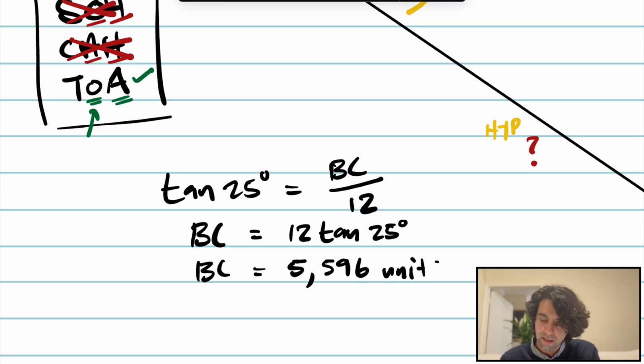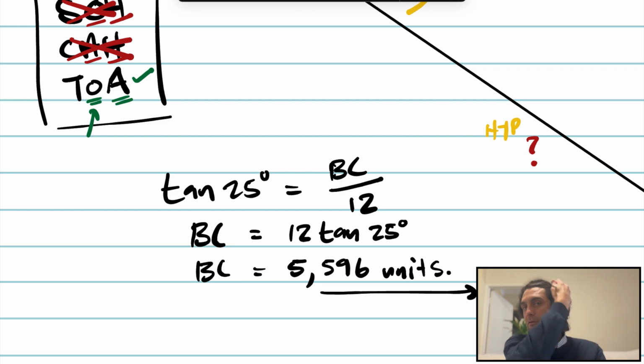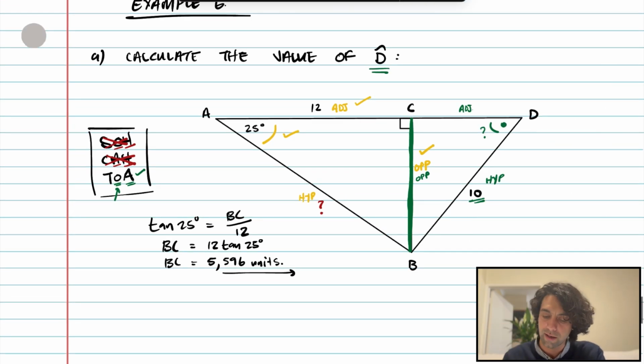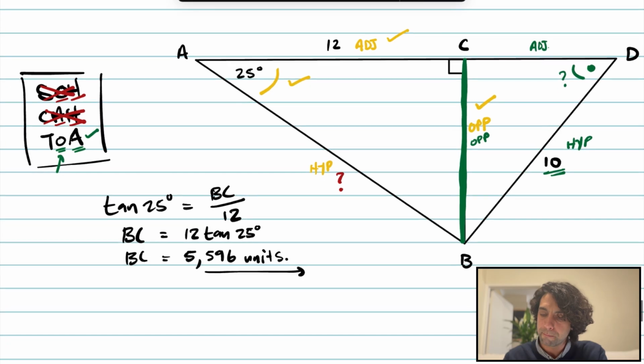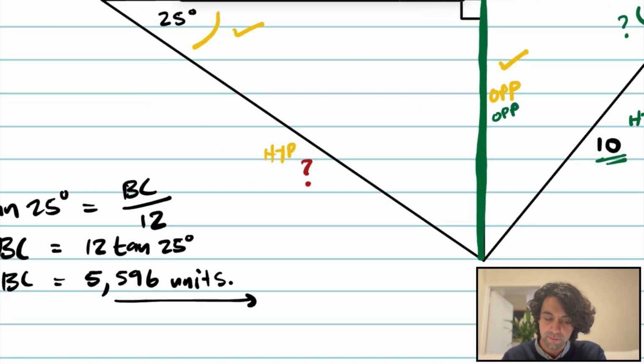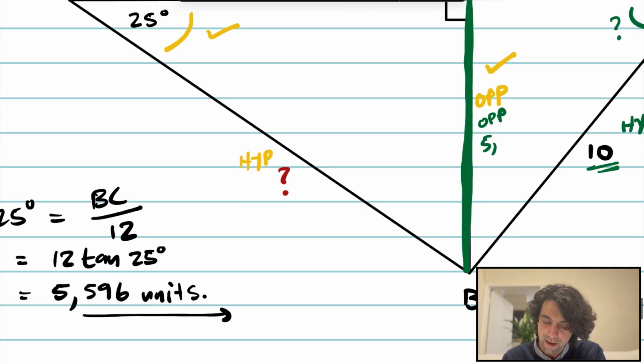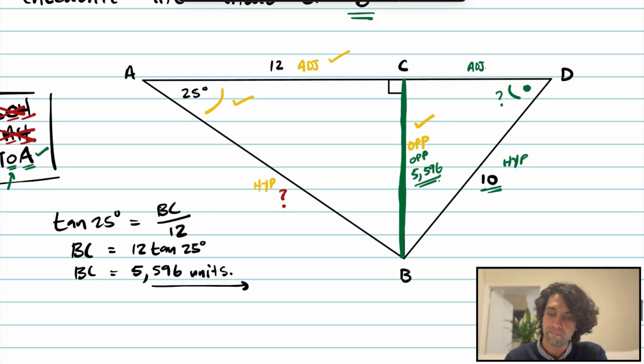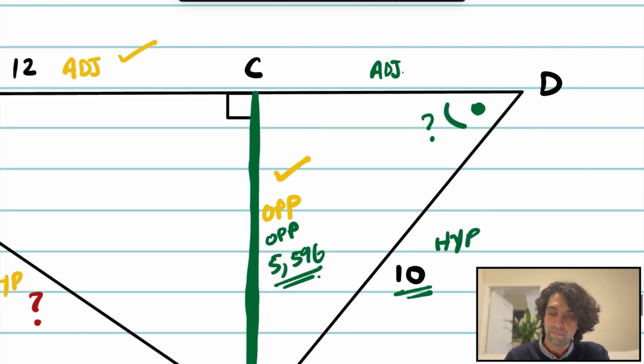What I typically like to do is save that long decimal number into my calculator and use it again. I can show you that in class if you need. But I'm going to save that now, and I know that this BC is 5.596 units.